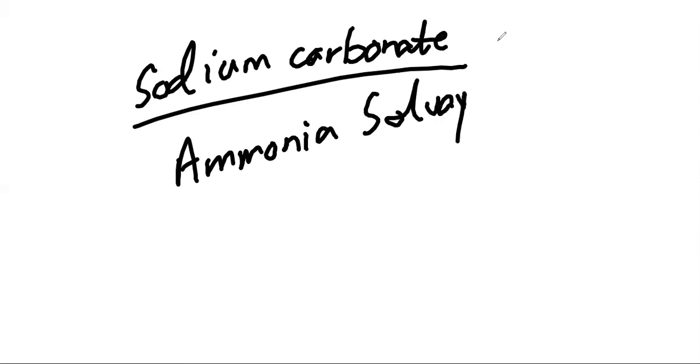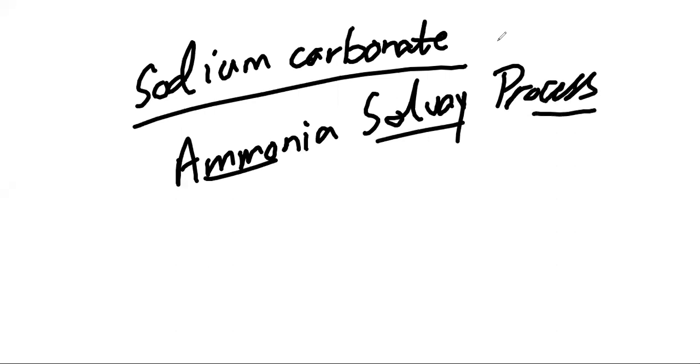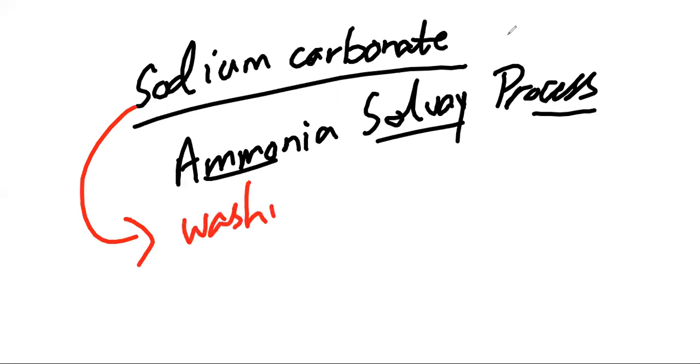The process name is the ammonia Solvay process. First of all, what is the second name of sodium carbonate? Washing soda. They can also use this name in place of sodium carbonate.